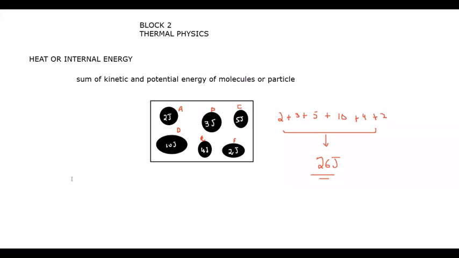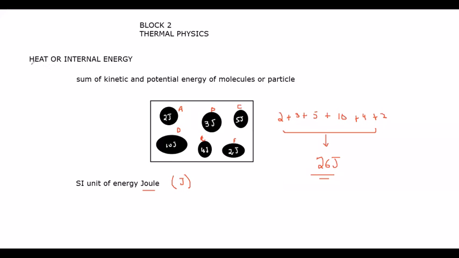The SI unit of energy is joules, which is denoted by capital J. This we already discussed in general physics, the last topic, energy.